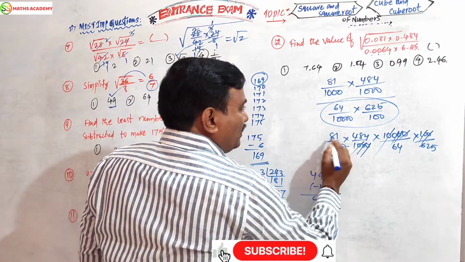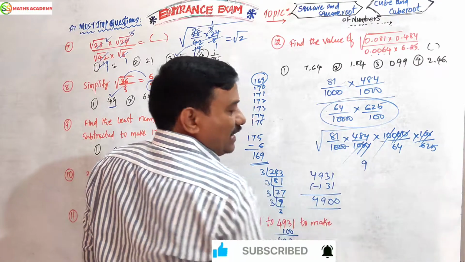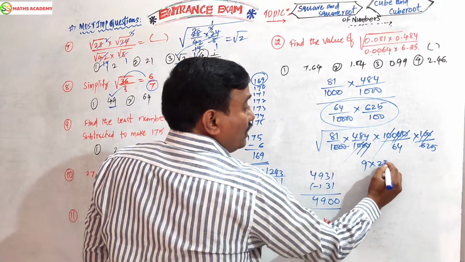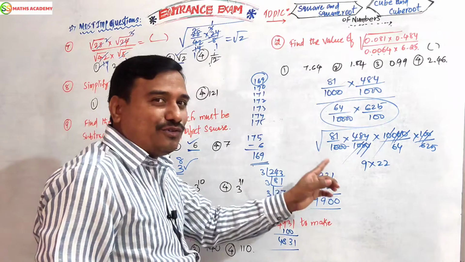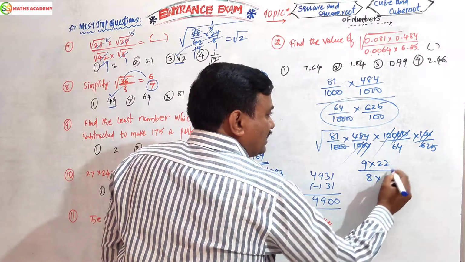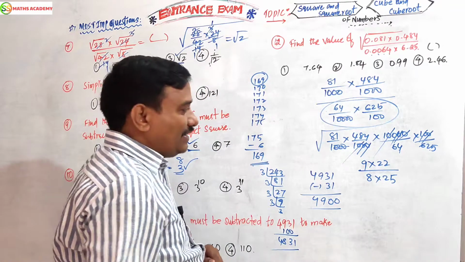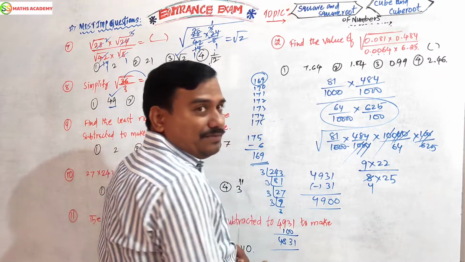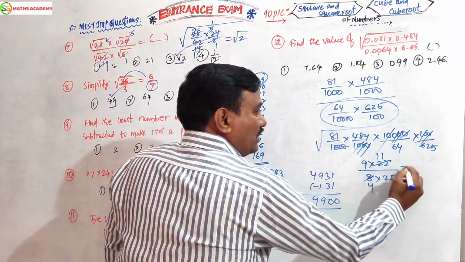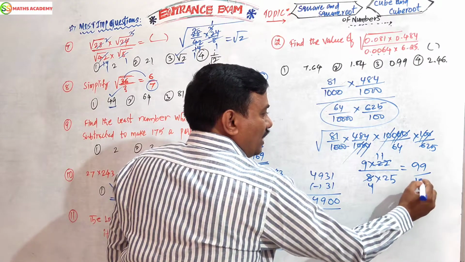Now these are all under the square root. Root 81 is 9. Root 484 is 22. By root 64 is 8. Root 625 is 25. Right? Now 2 fours are 8, 2 elevens are 22. 9 into 11 is 99, 25 into 4 is 100.